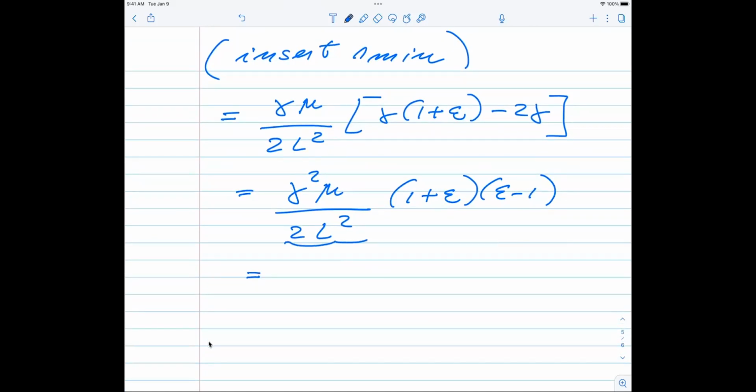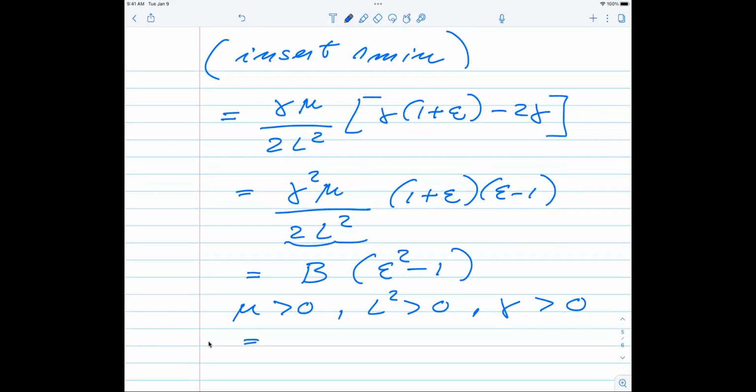of a new parameter, which I just call B, this one, which is epsilon squared minus 1. And we know that mu is larger than 0. L is larger than 0, it's L squared. We know that this parameter gamma, we define that one to be larger than 0.